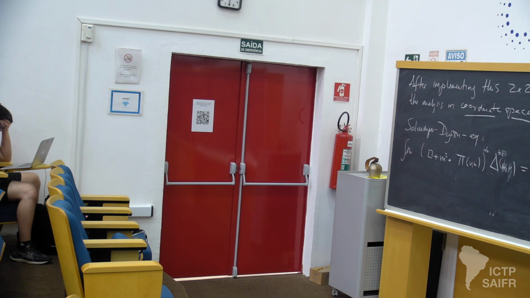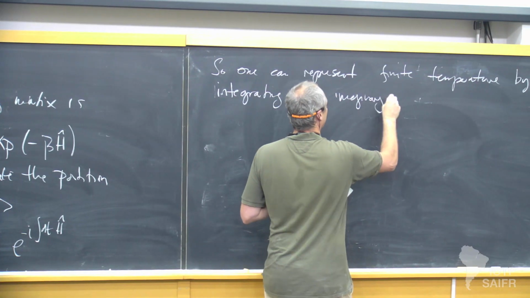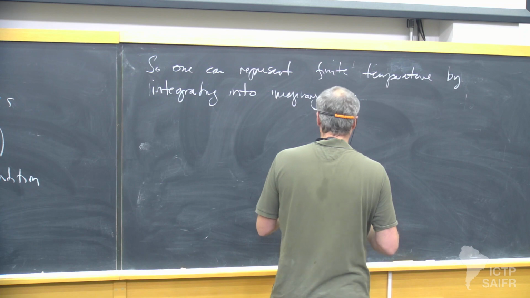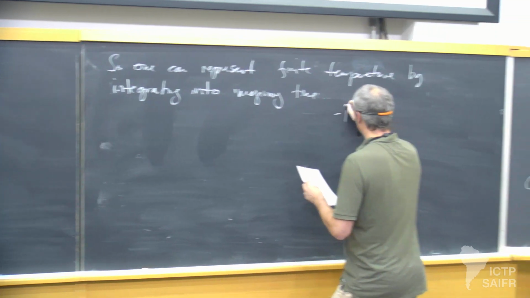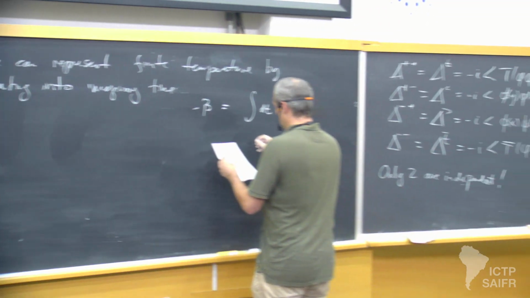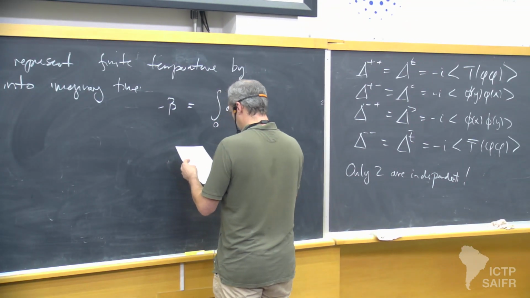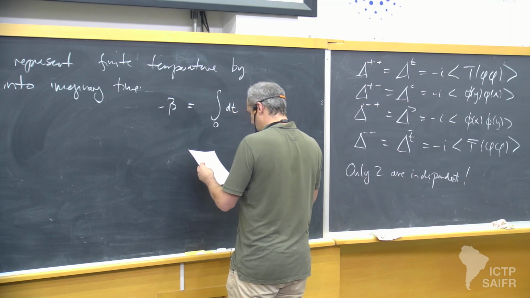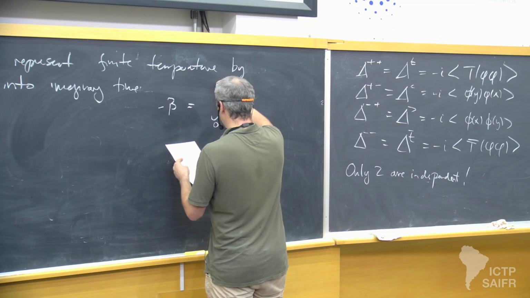So basically minus beta we would interpret as a time integral from 0 to, what's the sign here, minus i beta.